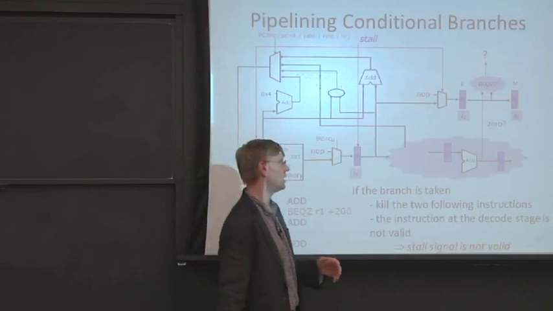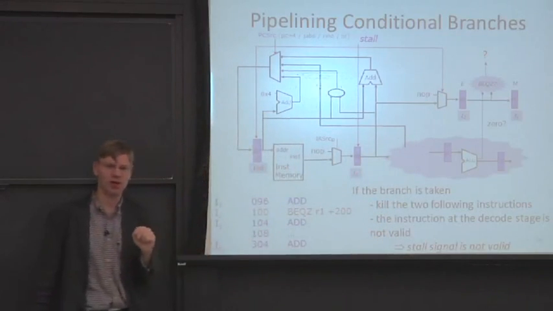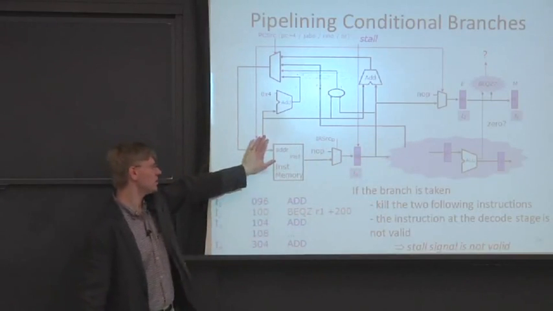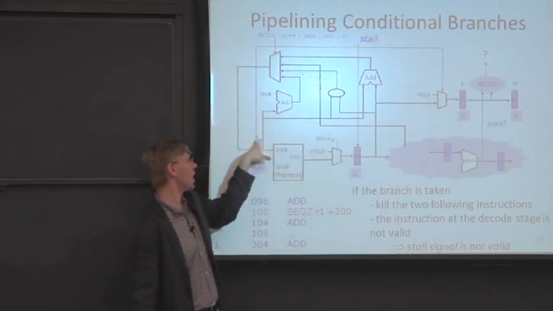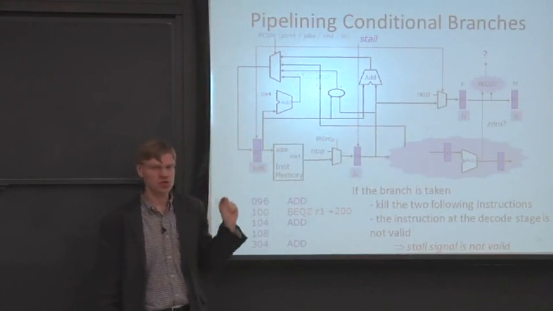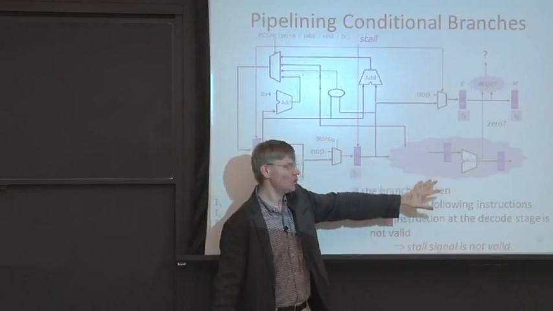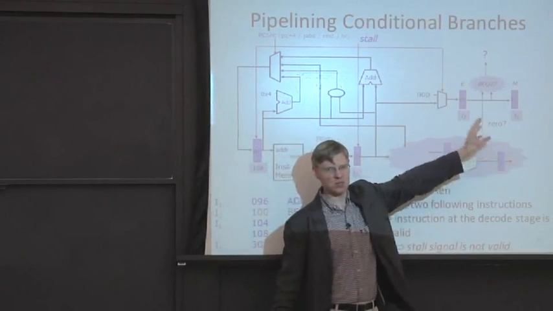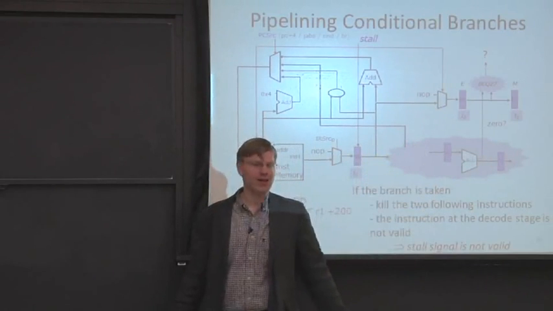Well, let's say we're stalling the front of the pipe and stall were to take priority. That would stop this register from moving and stop this register from moving as these red lines come in. So if the stall were to take priority, you could have an instruction here which is, let's say, dependent on some stall condition or dependent on some data hazard or dependent on some random hazard.